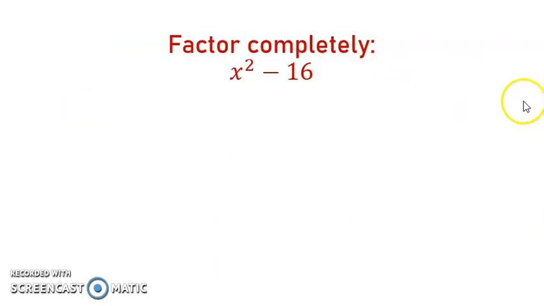For example, we have this polynomial. Factor completely x squared minus 16. We have to check first if the first and last term are perfect squares. So let's have x squared. Now x squared can be obtained by multiplying x by x.